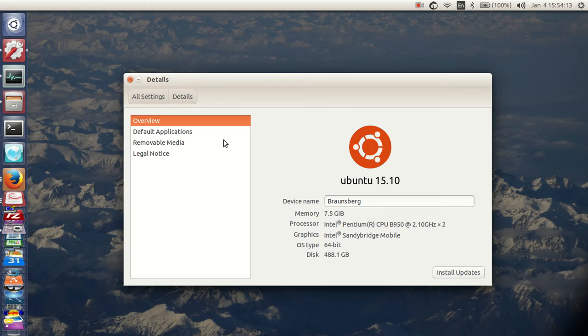Normally, I would dual boot a machine like this, but in this case, Windows 8 just didn't agree with me, so Ubuntu it was. It's been updated a number of times, as you can see, and it's running Ubuntu 15.10, 8 gig of memory, 2 very slow Pentium CPUs, but it is a 64-bit machine with about 500 gig of hard drive.